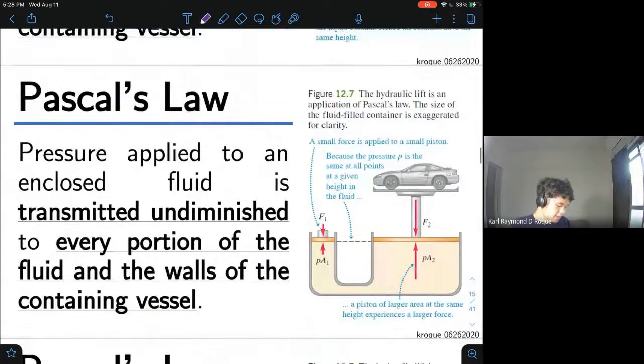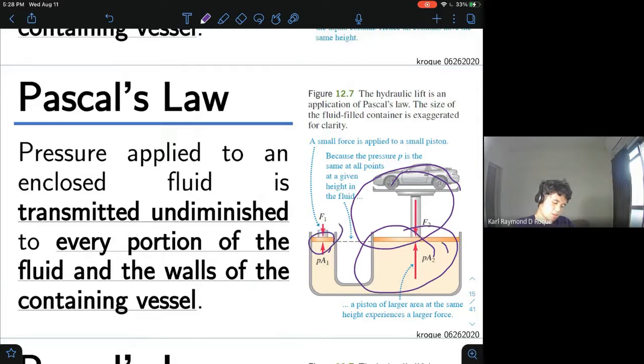Next, Pascal's law. Ito pa yung isang application. Nakikita niyo yata ito sa pag nag-aayos ng kotse. No? Pareho yung pressure at all points in the fluid. So, kahit magkaiba sila ng force, as long as inaiba yung area, the changes would happen. So, dapat same pressure.